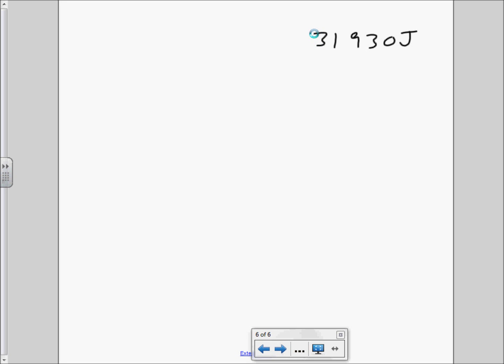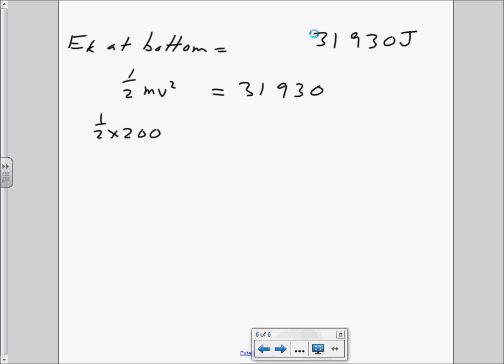31930 joules. All right, so we can say EK at bottom equals that number over there. So a half mv squared must equal 31930. A half of 200 v squared equals that.